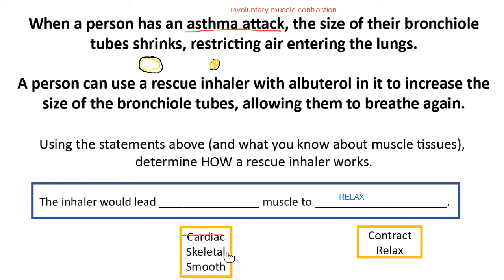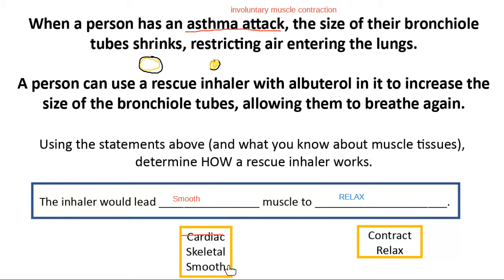When we talk about skeletal muscle and smooth muscle, which one do we not control? Skeletal muscle or smooth muscle? Who are we not in control of? Yeah, exactly. We are not in control of our smooth muscle.